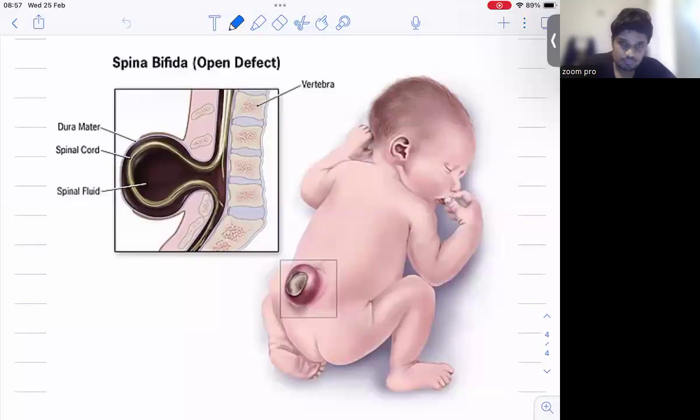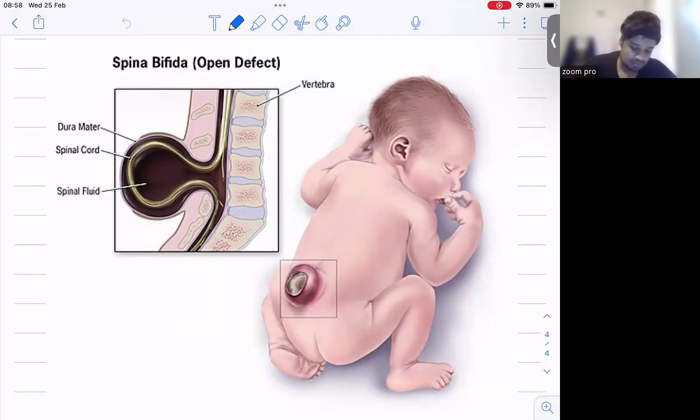First, what is meningomyelocele? As you can see in this picture, meningomyelocele is a neural tube defect where your meninges, the spinal cord, and the nerve roots herniate through the vertebral defect.